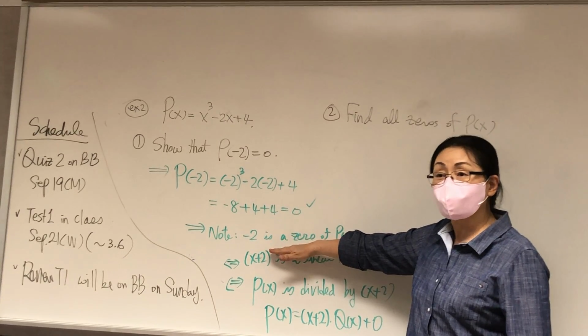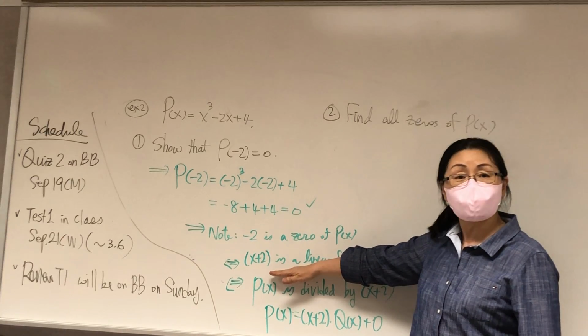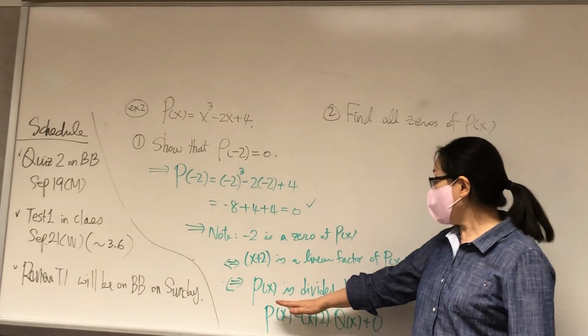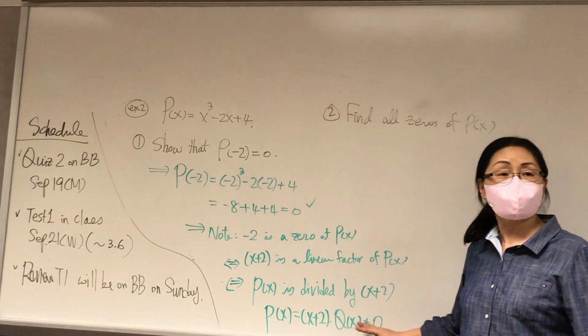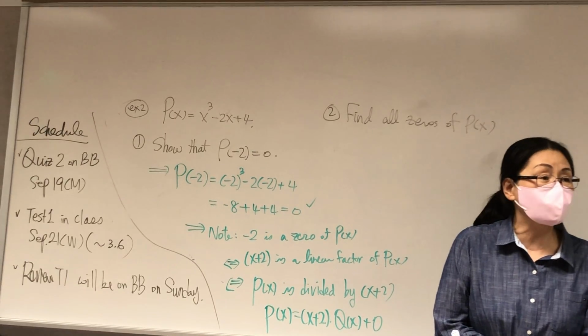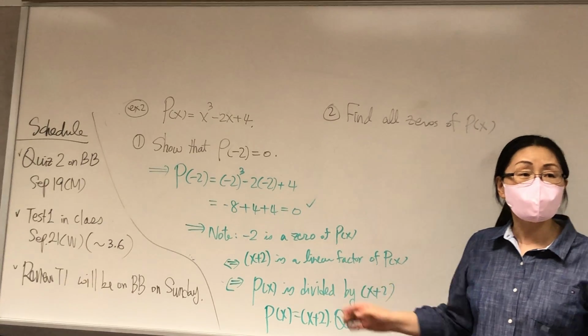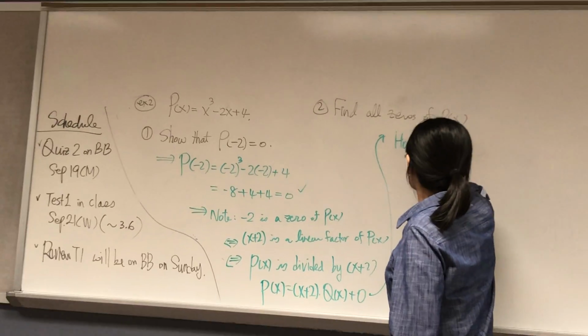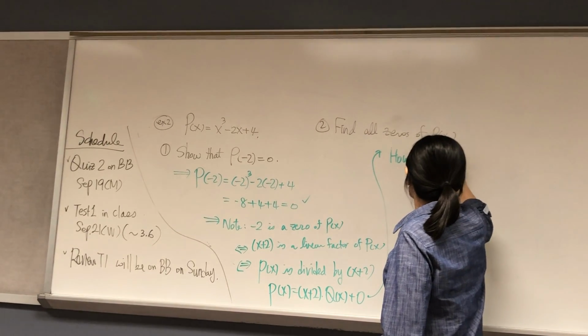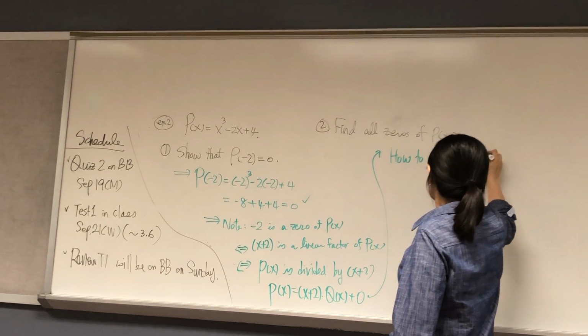Negative 2 is a zero, yes? And x plus 2 is a linear factor, right? And then P of x can be written as x plus 2 times Q of x plus 0, because your remainder is 0. How do you find the Q of x?